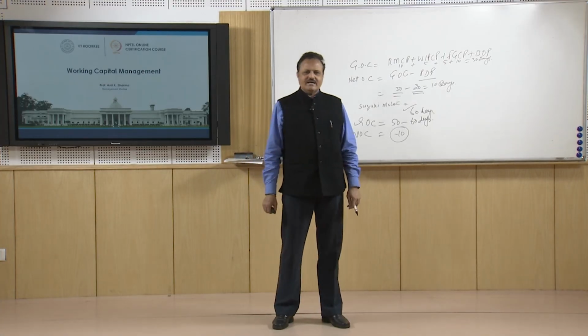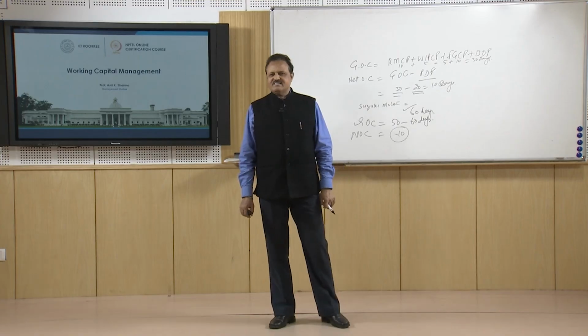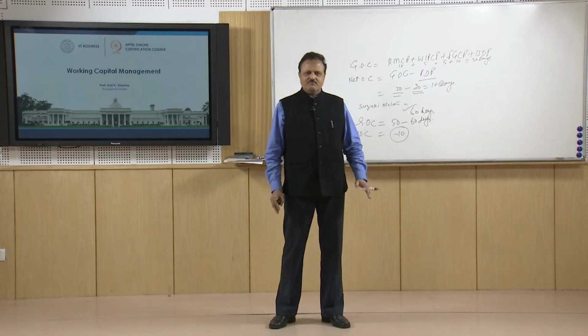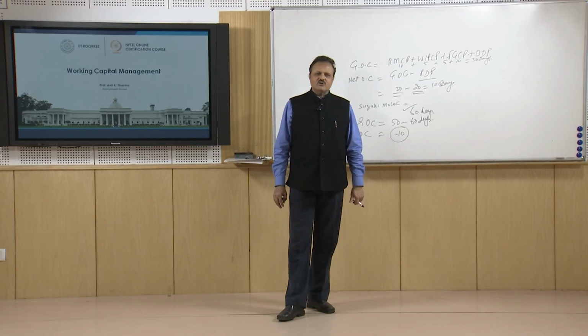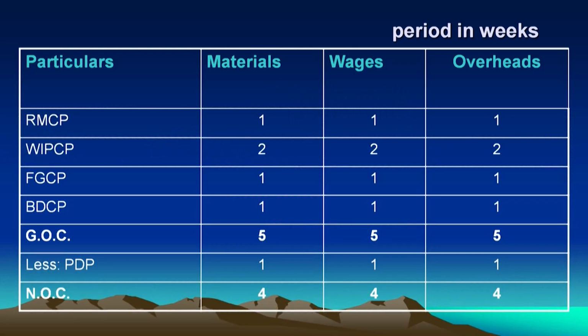For example, you see that we have material, wages and overheads. These are the three major inputs required for converting the raw material into the finished product, right. So, we have calculated the period in weeks. The raw material conversion period, say, is taking 1 week in total for material, wages and overheads. WIP CP, the work in process conversion period, is taking 2 weeks.